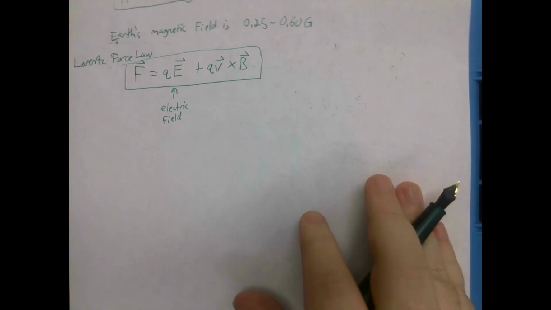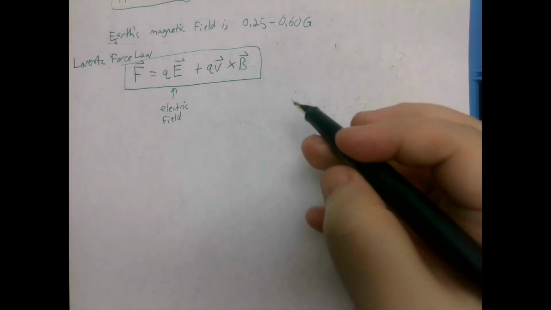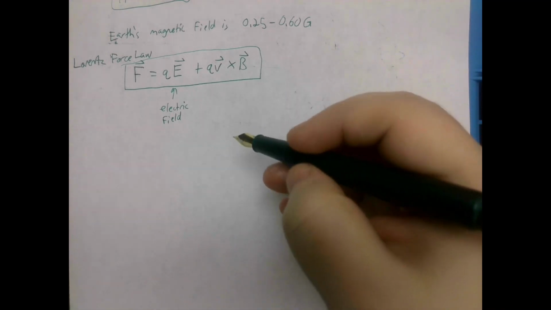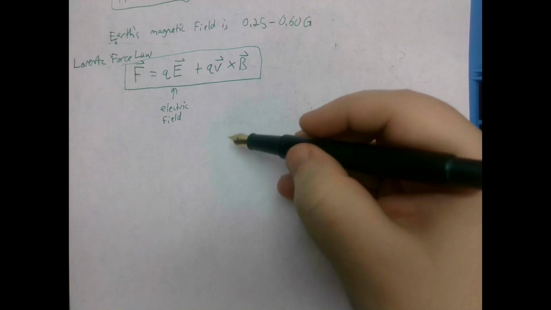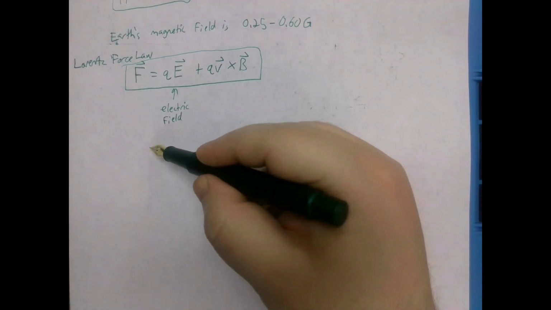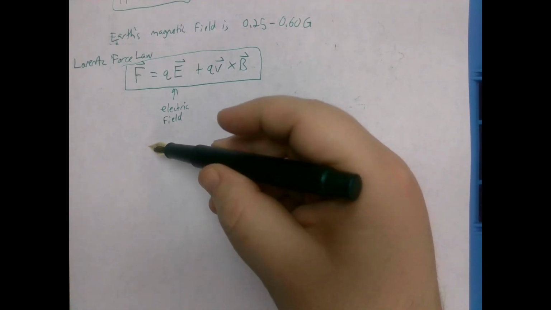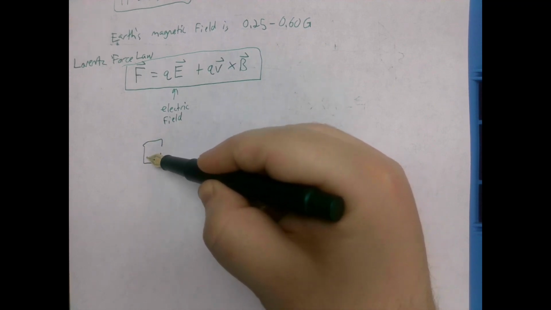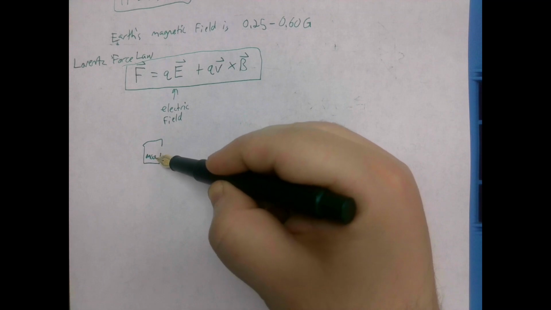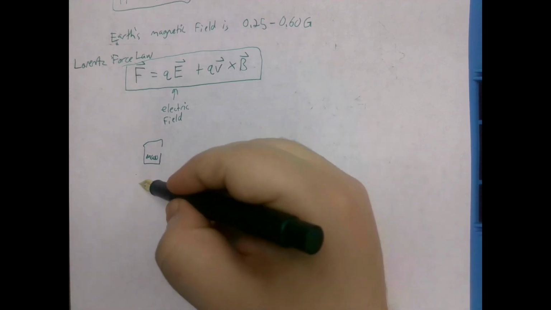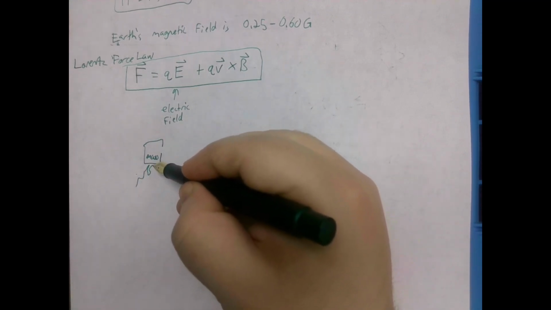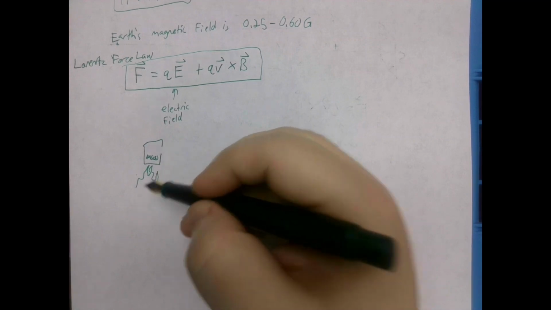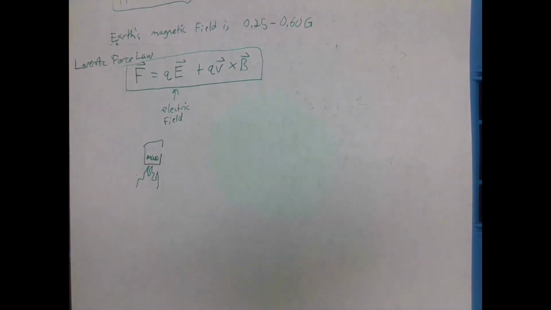So a mass spectrometer: we put some sample into it, some mass. We're going to heat it up to a very, very hot temperature, so hot it becomes a plasma.